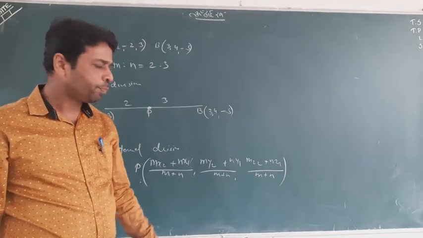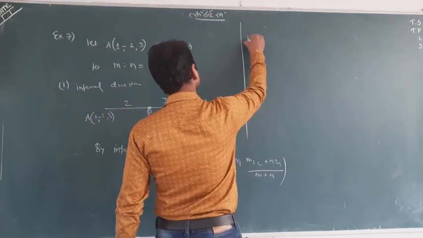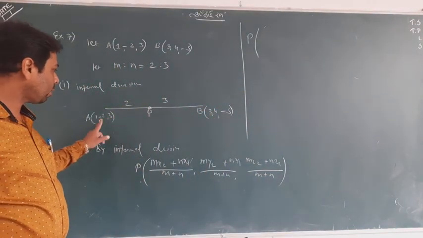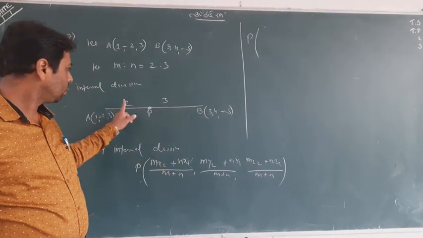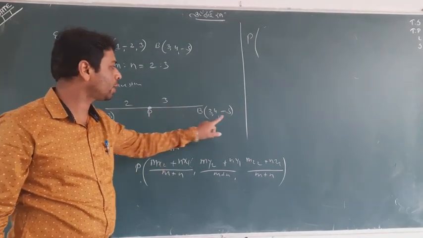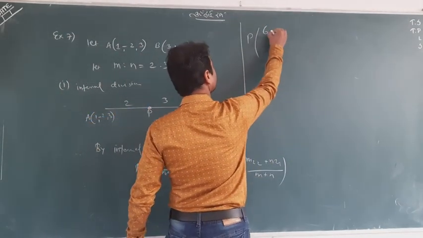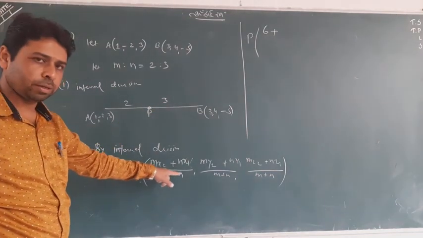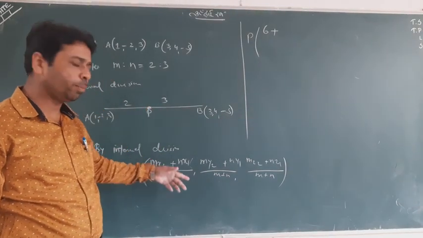We have written the formula and now I go with the values. Look at m, n, x1, y1, z1, x2, y2, z2. So m x2 is 2 into 3, 6, plus 3 into 1, like the formula.